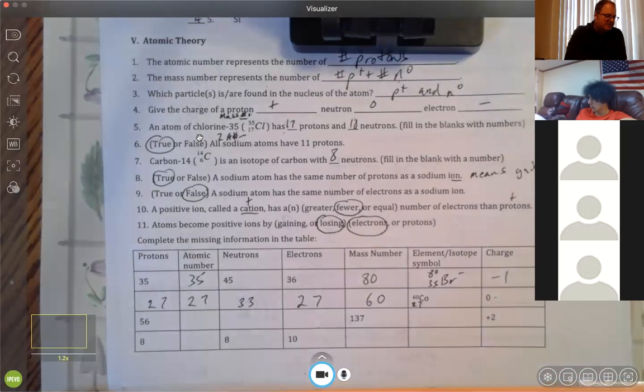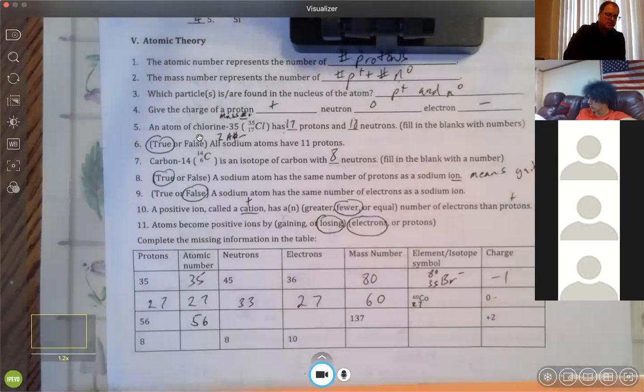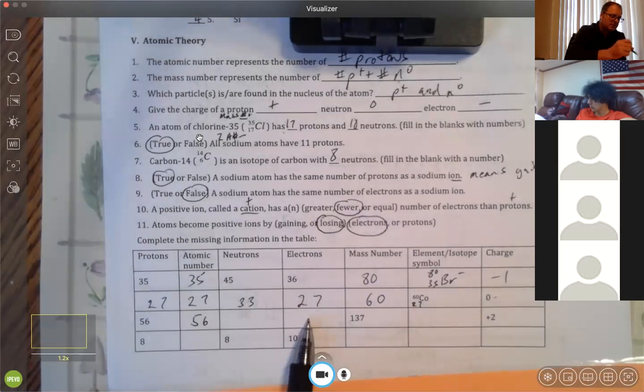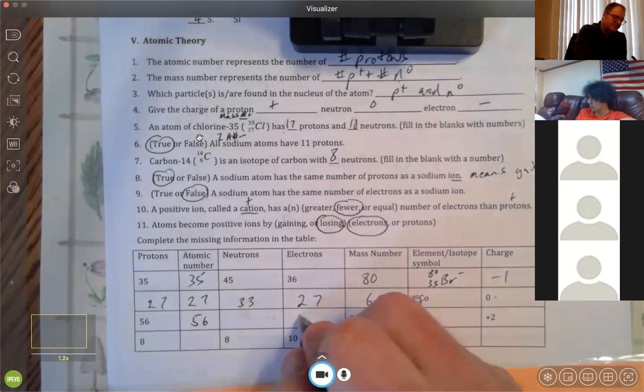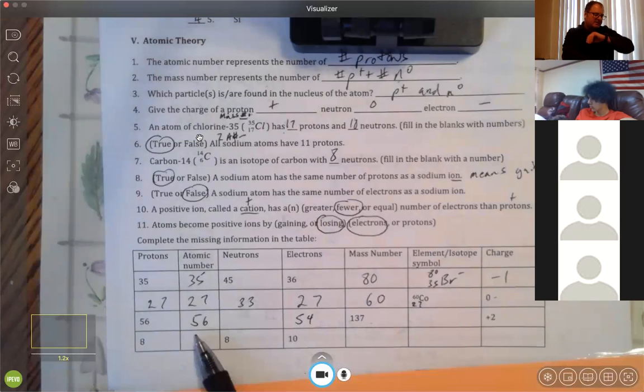Same thing here, but they've given us a different bit of information. They said 56 protons. Now that tells us that the atomic number is 56. It says it has a +2 charge. That means the number of protons must be 2 more than the number of electrons. So 56 minus 2 is 54. The mass number is 137. 137 minus 56 is 81.